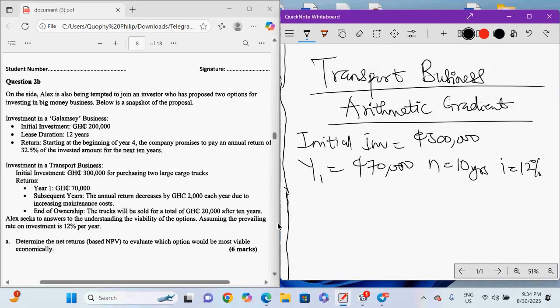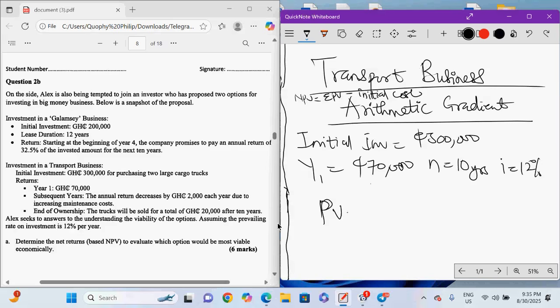What else? All right. So under the arithmetic gradient, finding the present value, because we will still be using the NPV, which is equal to what? The summation of the present value minus the initial cost, right?